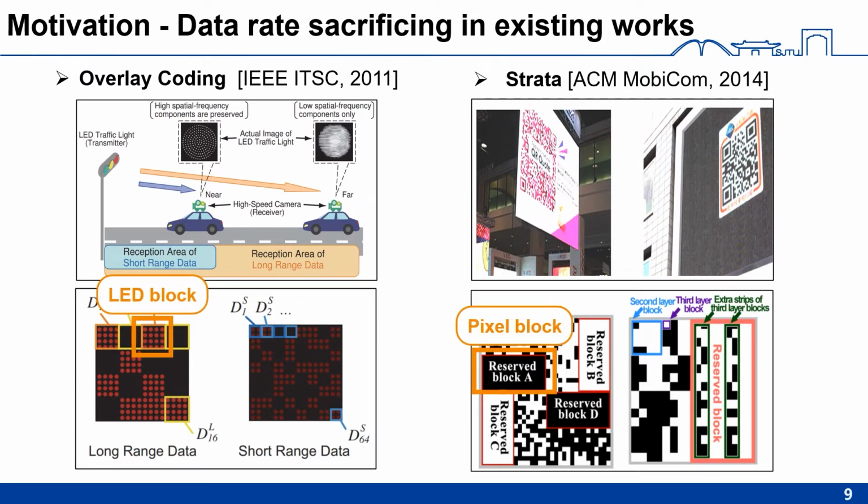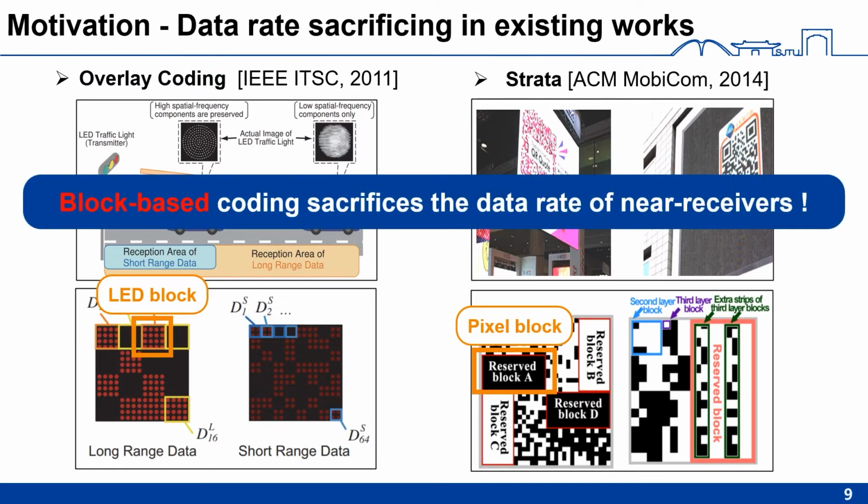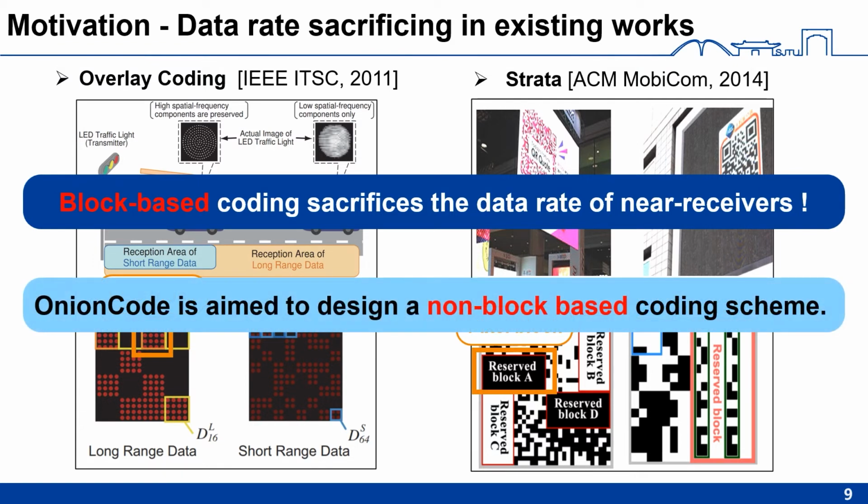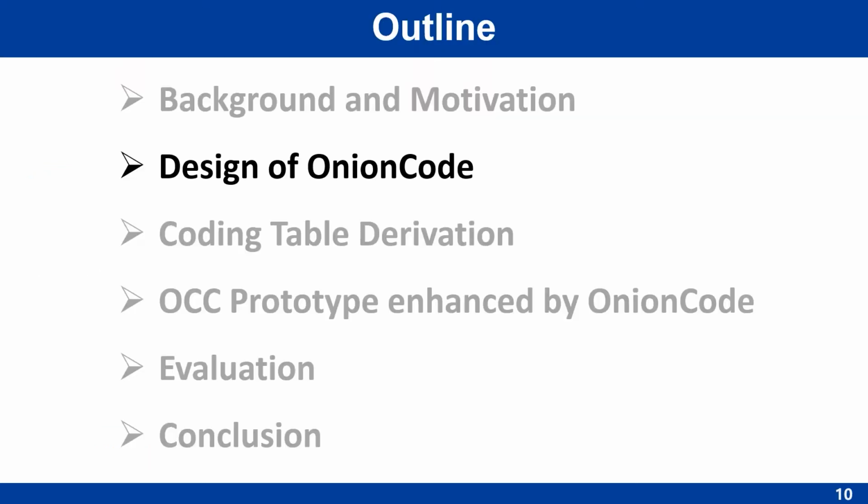It means multiple LEDs or pixels in the same area build a block and blink together, which undoubtedly sacrifices performance of a near receiver, because the multiple LEDs or pixels within a block transmit the same information. Therefore, ONIONCODE is motivated to design a non-block-based coding scheme, where all LEDs blink independently to transmit different data and no longer sacrifices the data rate of near receivers.